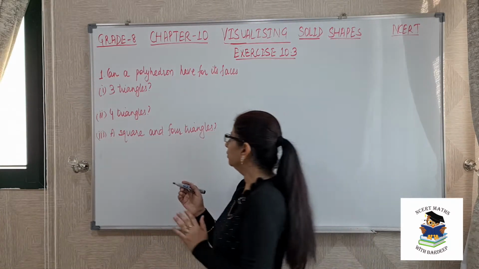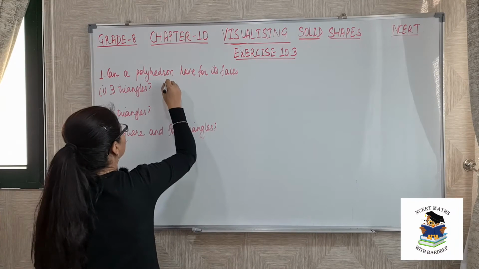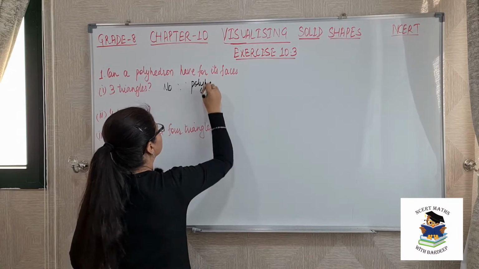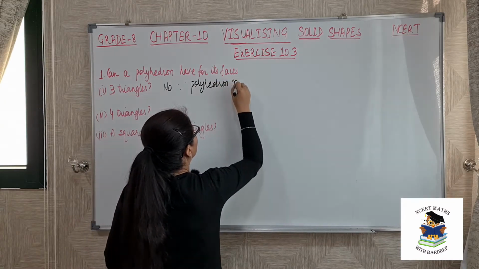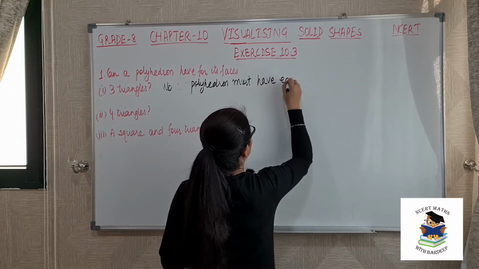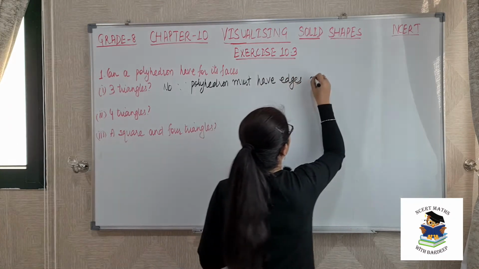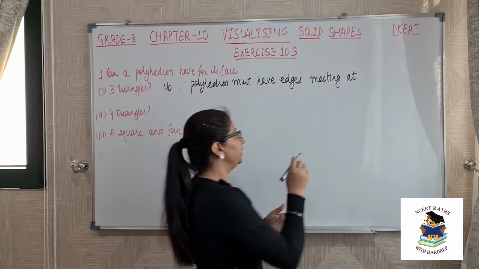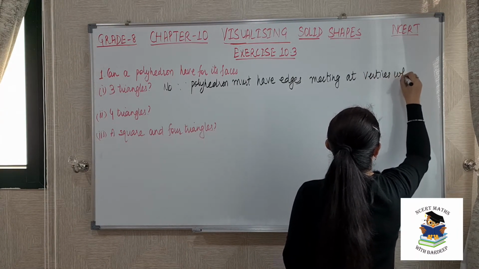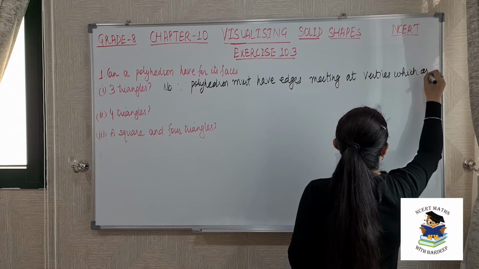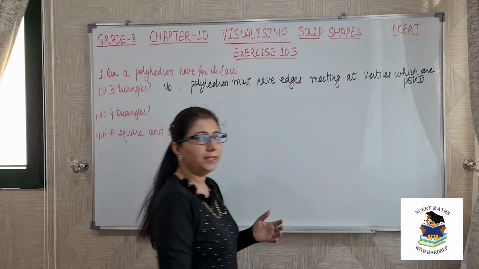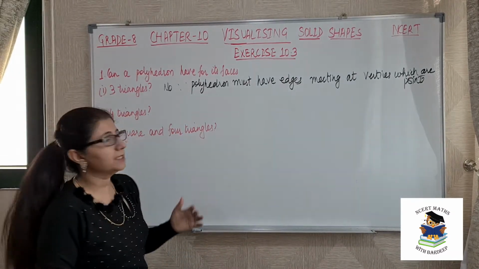So we can write no, because polyhedron must have edges meeting at vertices, which are points. Okay, so we cannot draw a polyhedron in which 3 triangles are there.